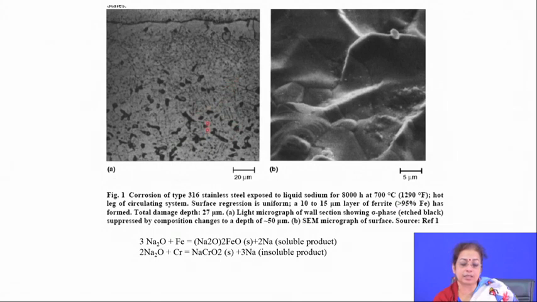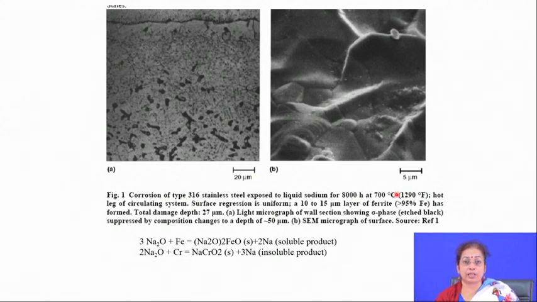This is the case for 316 stainless steel exposed to liquid sodium at 700 degrees Celsius for 8000 hours. You can understand this liquid metal corrosion, because stainless steel is very much used as a can for carrying liquid sodium.